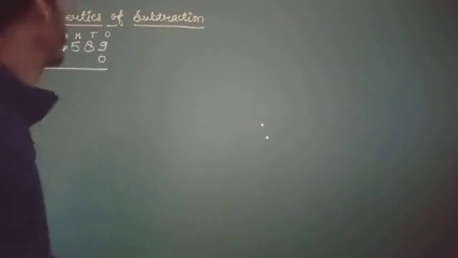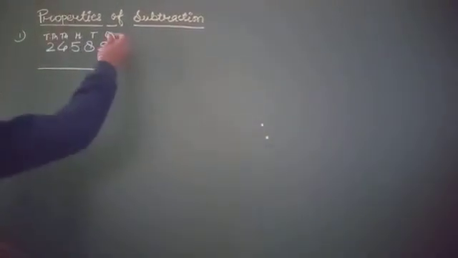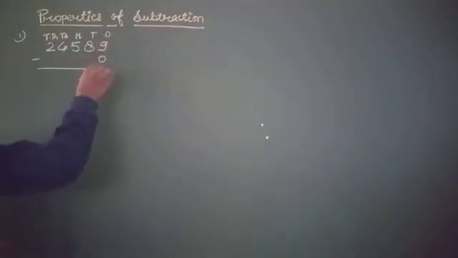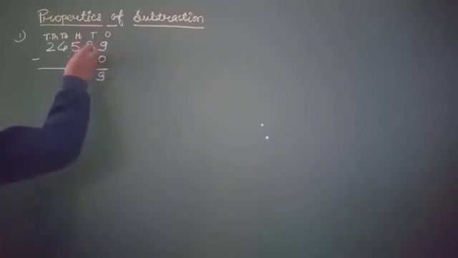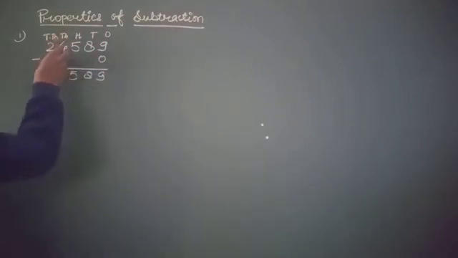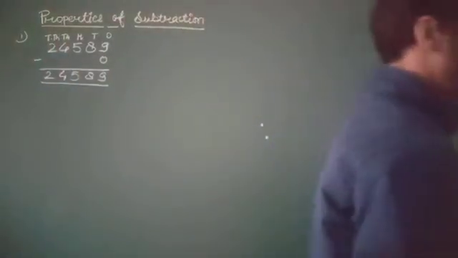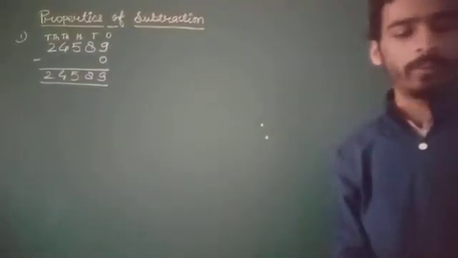You can see here that when we subtract 0 from 24,589, 9 ones minus 0 ones is 9 ones, 8 tens minus 0 tens is 8 tens, 5 hundreds minus 0 hundreds is 5 hundreds, 4 thousands minus 0 thousands is 4 thousands, and 2 ten thousands minus 0 ten thousands is 2 ten thousands. So the answer is 24,589. When 0 is subtracted from a number, the difference is the number itself.